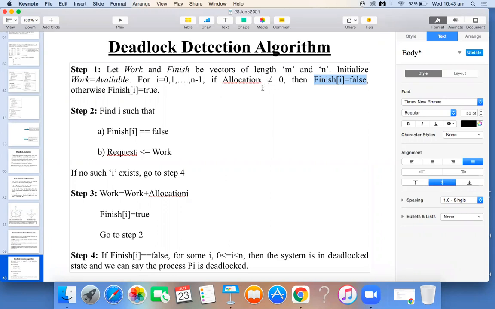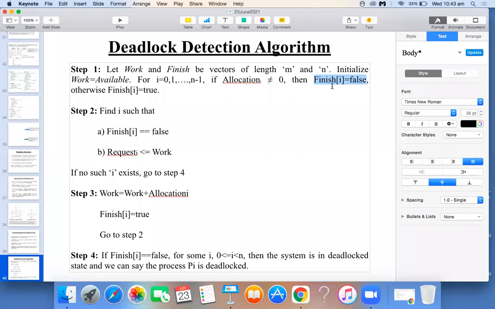If it is equal to 0, what does that indicate? If any process's allocation is 0, it indicates that the process has completed its execution, so you are not going to allocate any new resources. Clear with this? Since it is not equal to 0, it is an indication that the process has not completed its execution.